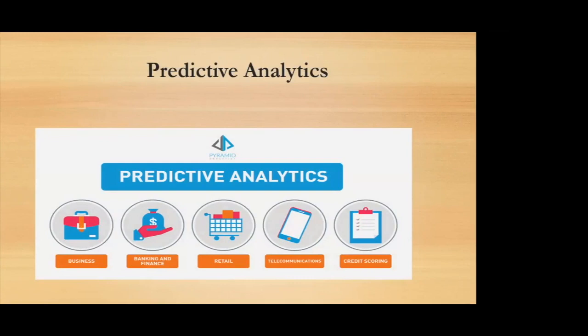Here they look at what is likely to happen in the future and why. Predictive analytics takes the historical data and feeds it into a machine learning model that considers key trends and patterns. So it predicts what is most likely to happen in the future and why.